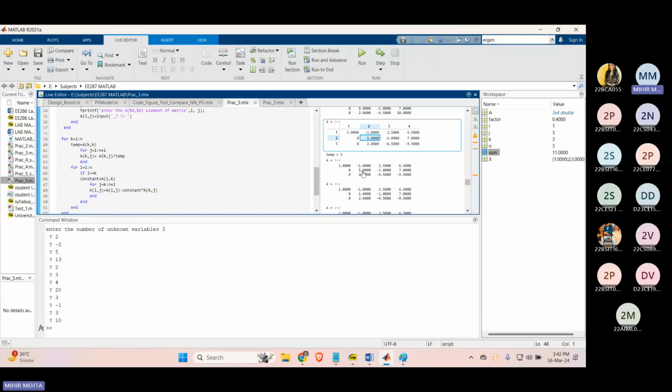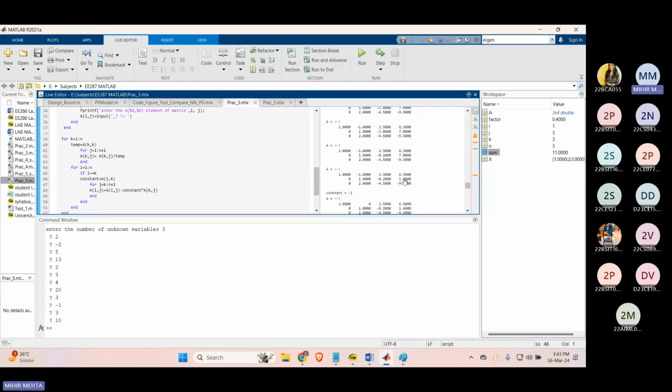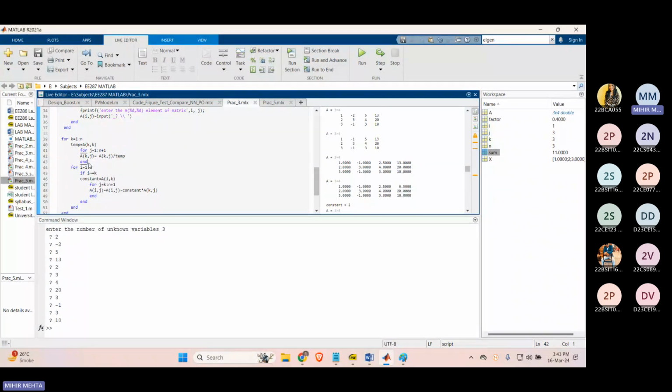Next I am dividing minus 1 by 5, that gives me minus 0.2. Then I am dividing this 7 by 5, so that gives me 1.4. So this is how the entire loop for dividing with temp is now over.